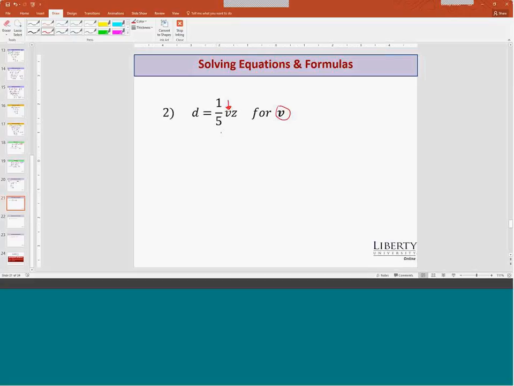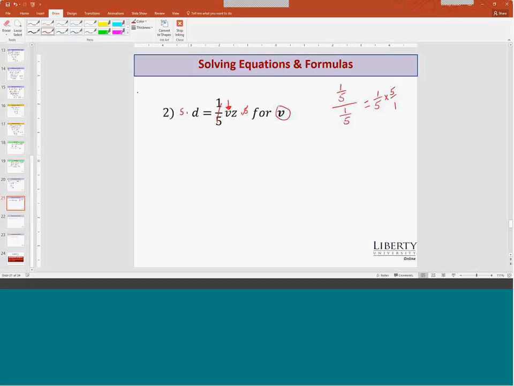Let's get rid of this 1/5. How do you undo multiplying by 1/5? You would divide by 1/5, and dividing by a fraction is the same as multiplying by the inverse. So to get rid of it, we multiply both sides by 5, and 5 times 1/5 gives us 1.